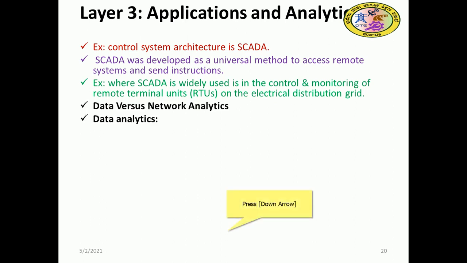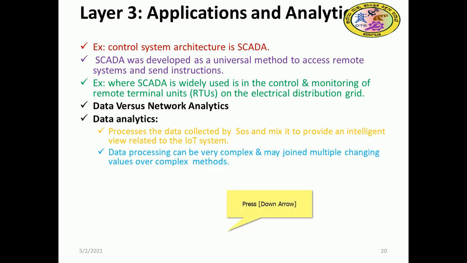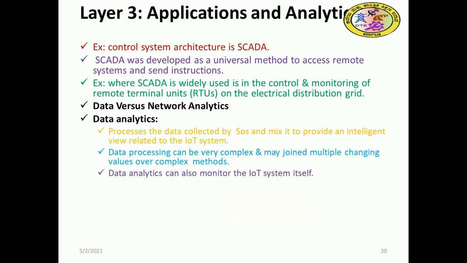Now, data versus network analytics. Data analytics at the topmost layer processes the data collected by smart objects and mixes it to provide an intelligent view of the IoT system, which helps to take decisions. Processing can become complex and may join multiple changing values. Analytics can also monitor the IoT system itself.